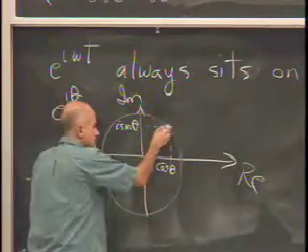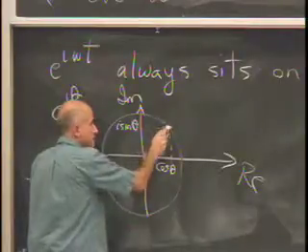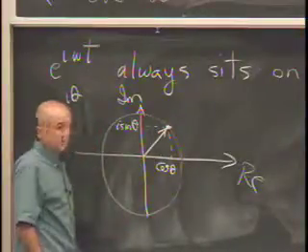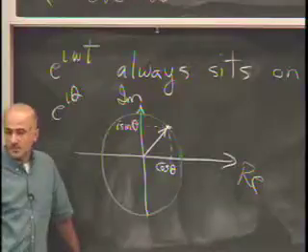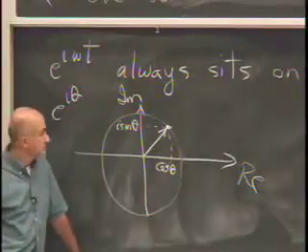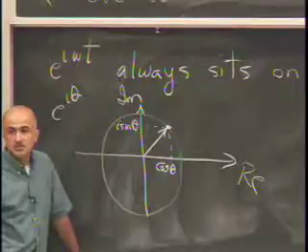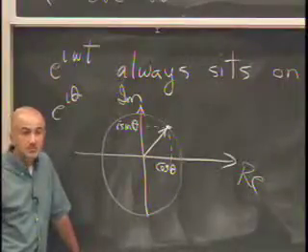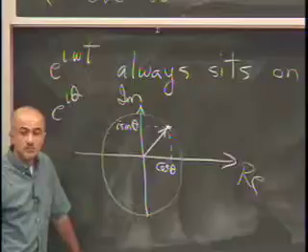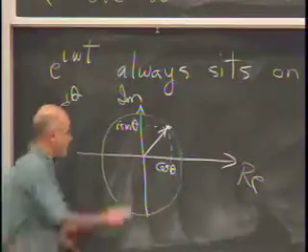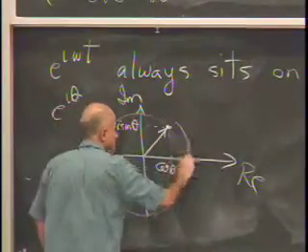What is this? So if I were to draw an arrow to that point, what are the features of that complex number? What is the angle that it's making with the horizontal axis? Theta. This is theta.